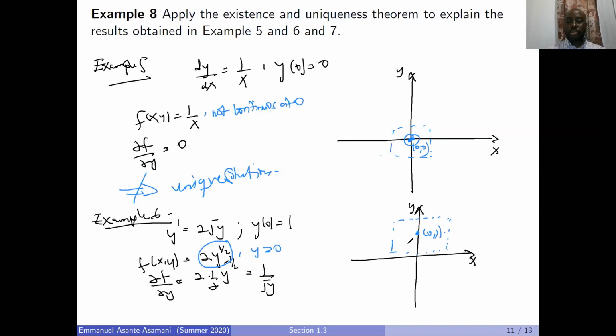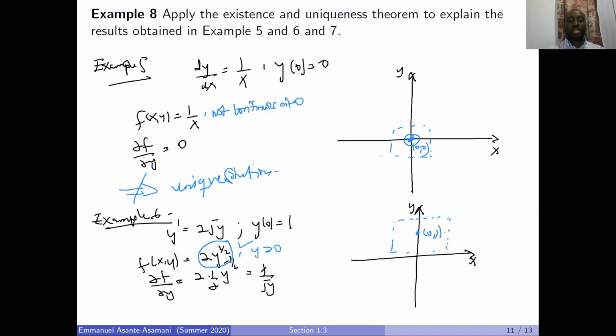Okay. Now, all the way here in the upper half plane, y is positive. And so since this function is independent of x, right, it's continuous for every point above the x-axis. And so clearly, I can always construct some rectangle R where this function is continuous. Okay, so this checks out.